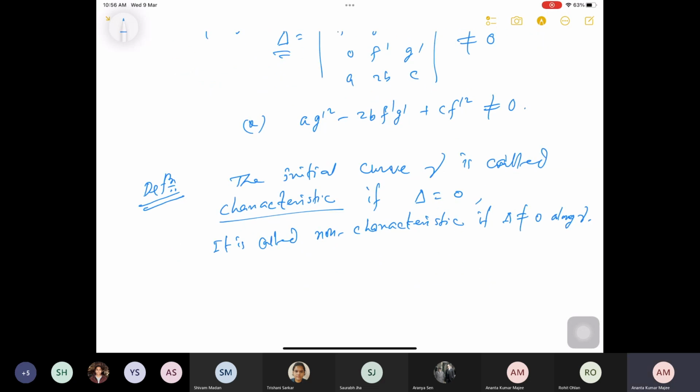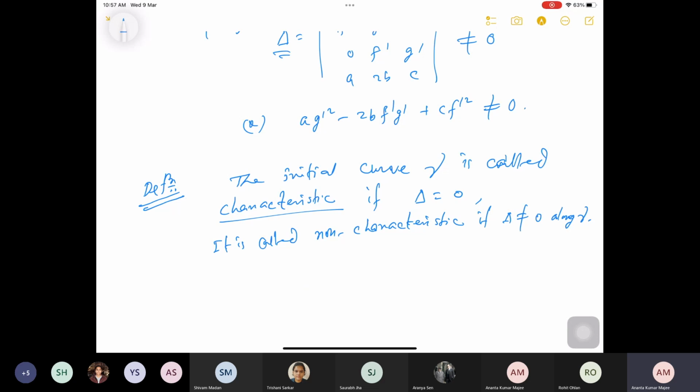So that means for a non-characteristic curve, I can determine the Cauchy data uniquely, that is, one can uniquely determine the second derivative of u on gamma. Moreover, one can obtain the higher derivatives of u along gamma, which I will not describe.